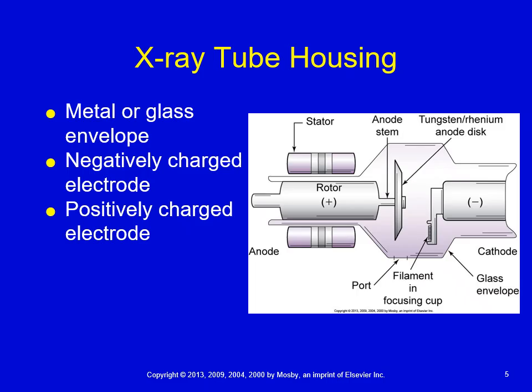We'll get a little bit deeper into the other components that you see listed right here. So bottom line, in terms of the X-ray tube protective housing, it's typically lead lined. Inside, the X-ray tube itself is a glass, Pyrex or borosilicate glass, or metal enclosure.